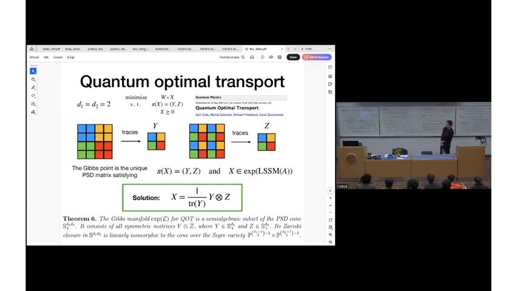Another motivation, I think, comes from this iterative proportional scaling that I explained to you. As far as I know, there is no direct generalization of this to the semi-definite programming side of the story, right? So if there is an iterative algorithm that walks on the Gibbs manifold and converges to the entropy maximizer.